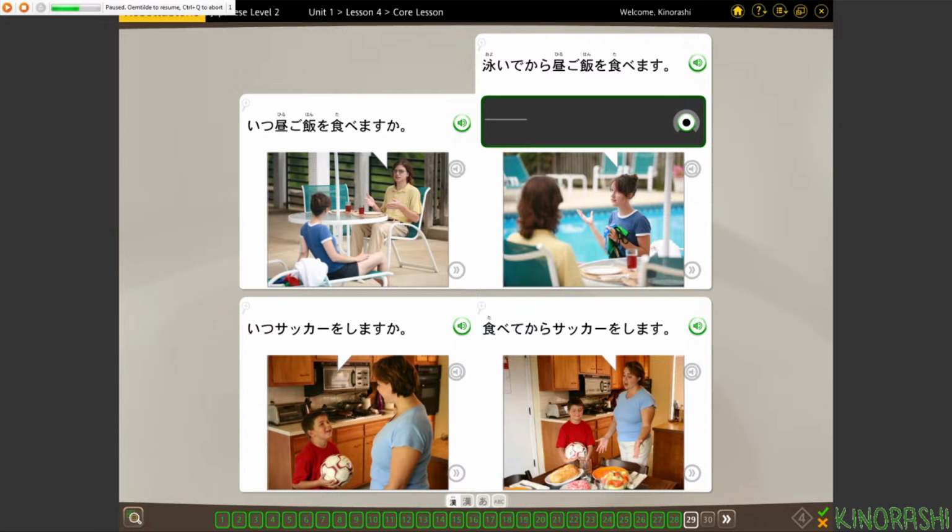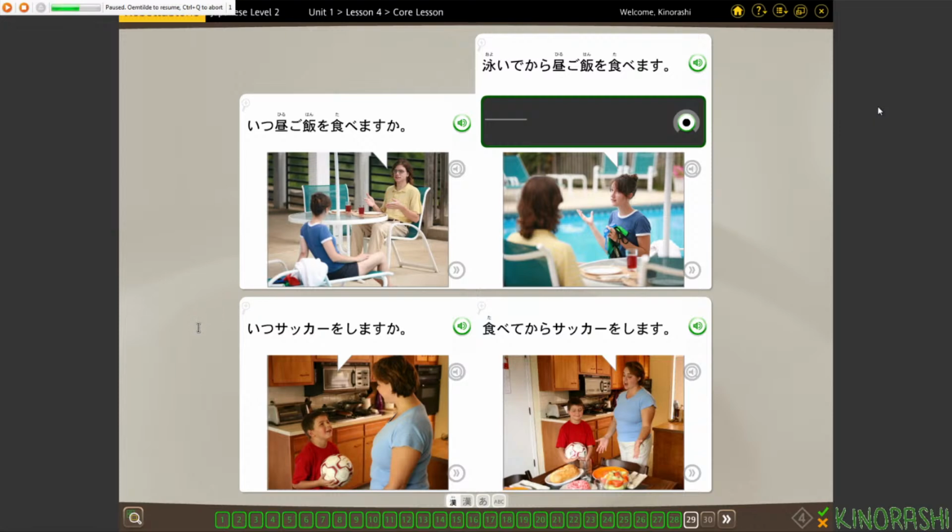I think that's probably wrong. Why is this changing when I type?